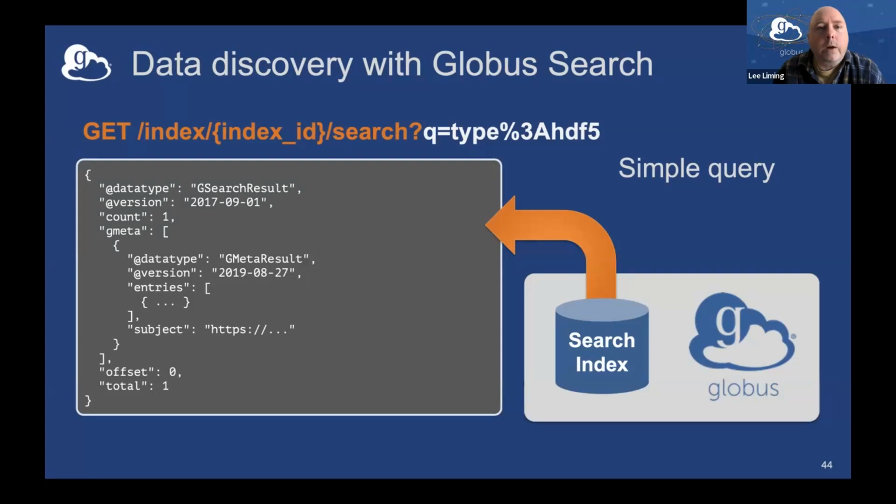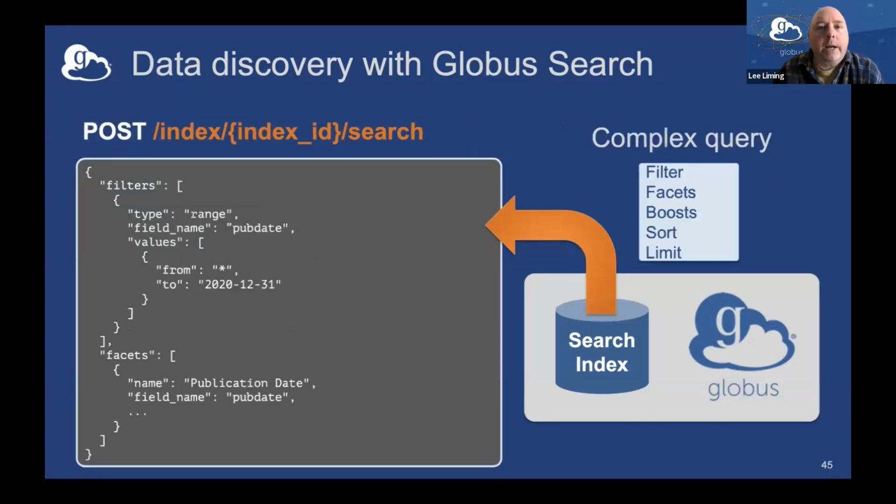This is a simple query though. So you just provide a query string and it gives you everything that matches it. A more complex query is, I'm going to provide for you a set of filters. It could be fields with particular values. It could be ranges. It could be geospatial coordinates, as long as you had a field somewhere in the search entries that have geospatial coordinates in them.